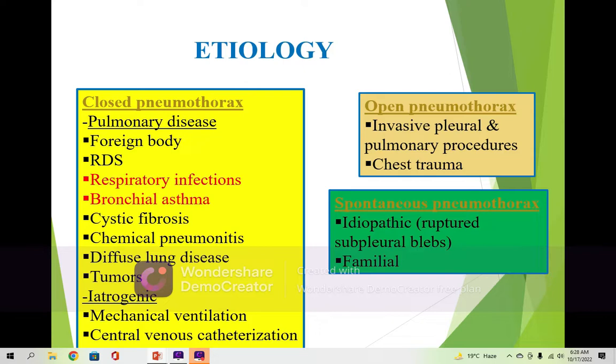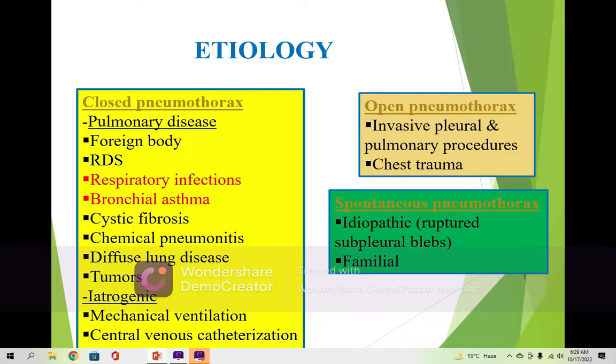In case of HIV, recurrent pneumothorax is noted. In Marfan syndrome, it is noted. You close, you manage it, and then recurrence occurs many times in a year, which is problematic for the physician. COPD also causes recurrent pneumothorax.